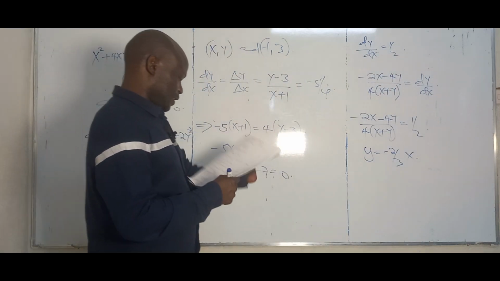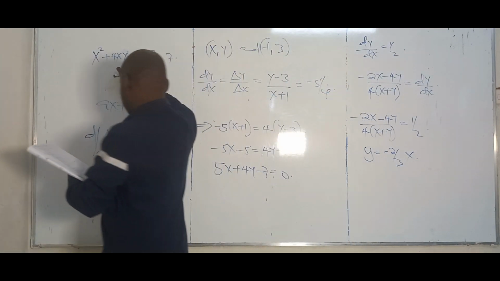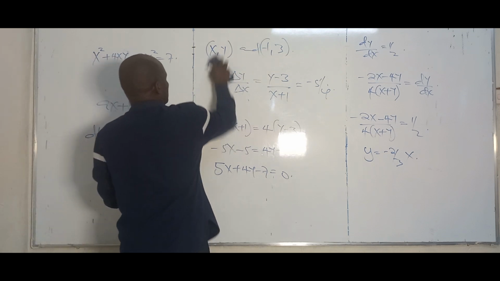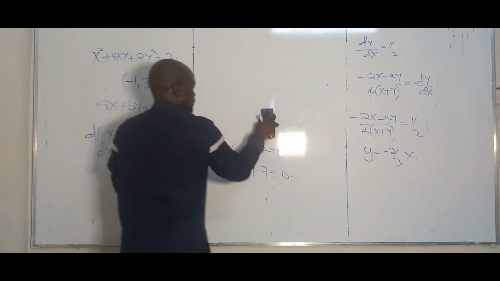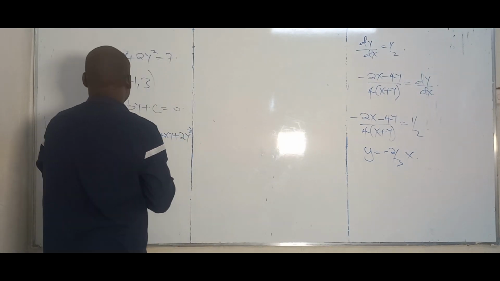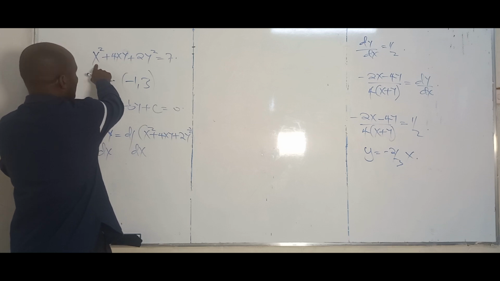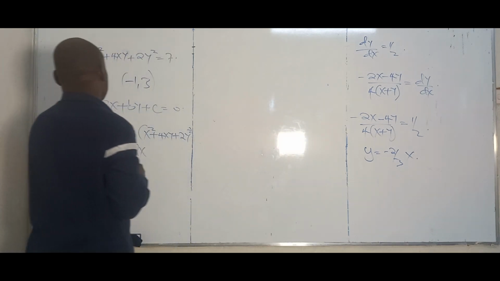And if y is minus 2 over 3 of x, we substitute this in. Wherever there is y, you put minus 2 over 3 x.